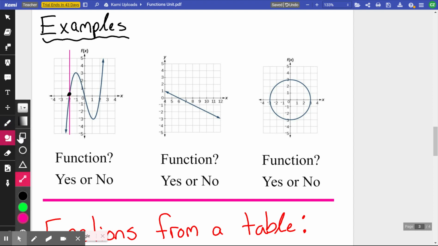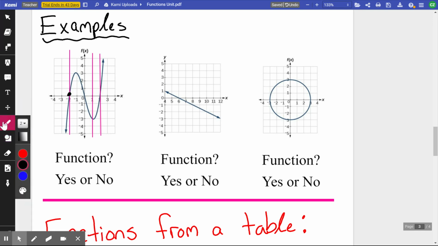It's the best guess I can get, or I could pick a different spot. Maybe I pick this line right here. Again, it's only hitting one spot near the bottom. Or if I pick near the end, it's still only hitting in one spot. Okay, so it does not matter where I draw the vertical line. It is always going to hit this function in one spot. So yes, that is a function.